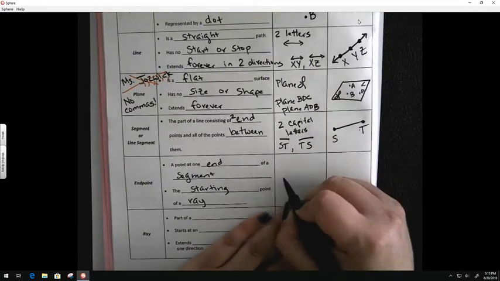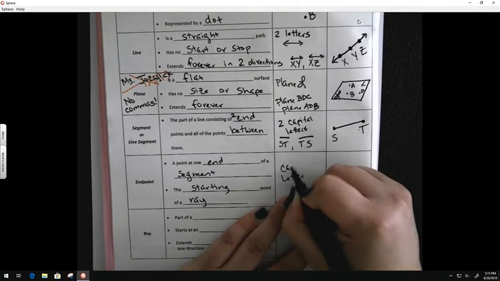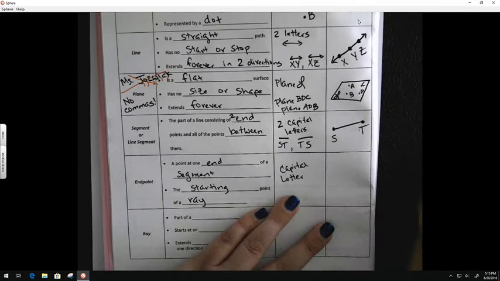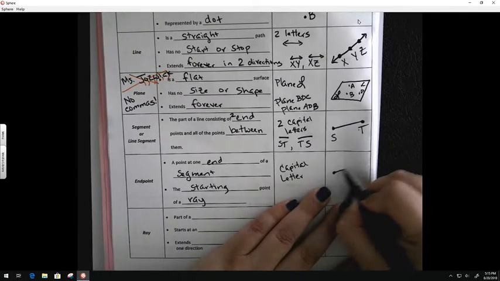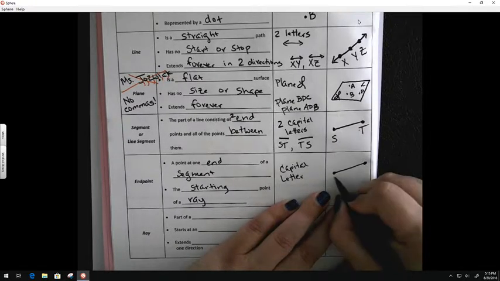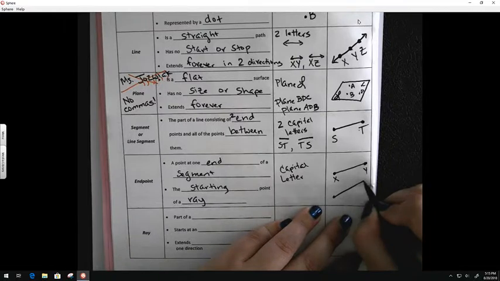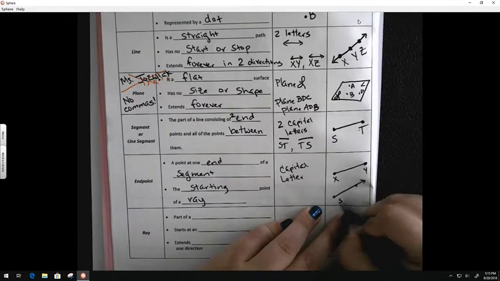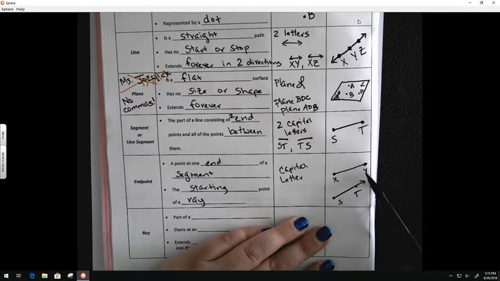To name it, it's just a capital letter, because we're just naming a point. All right, so we can have something like segment XY, or we could have a ray, ST. So in this case, our endpoints would be X and Y, and in this ray, our endpoint would be S.